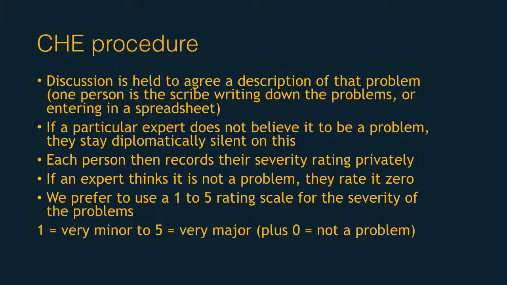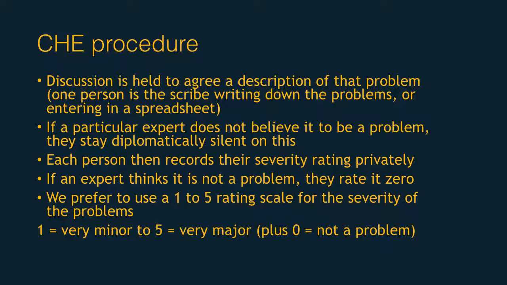So the interesting twist is that you want each expert to give their opinion on how important or how severe the problems are. You don't want just group think about how important the problem is. So what we do is that anyone can suggest a problem, and you agree what the description of the problem is.